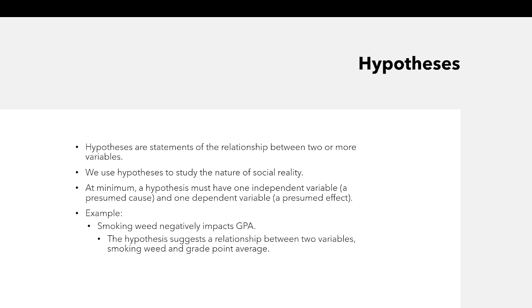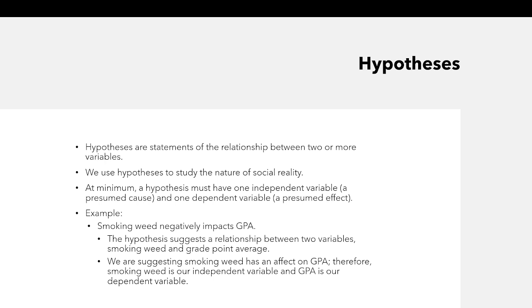This particular hypothesis suggests that there's a relationship between two variables, one of which is smoking weed, the other of which is grade point average. We're suggesting that smoking weed has an effect on GPA. Therefore, smoking weed is our independent variable and GPA is our dependent variable.